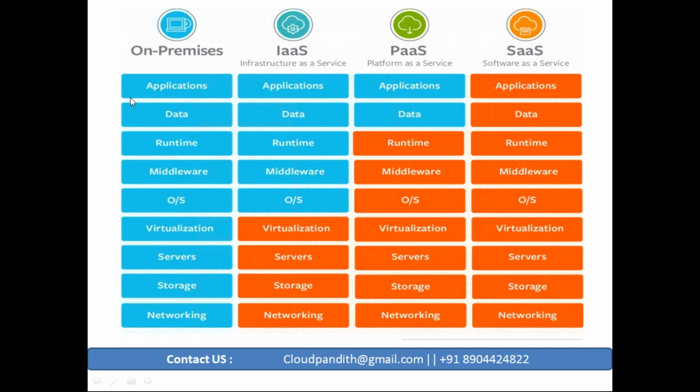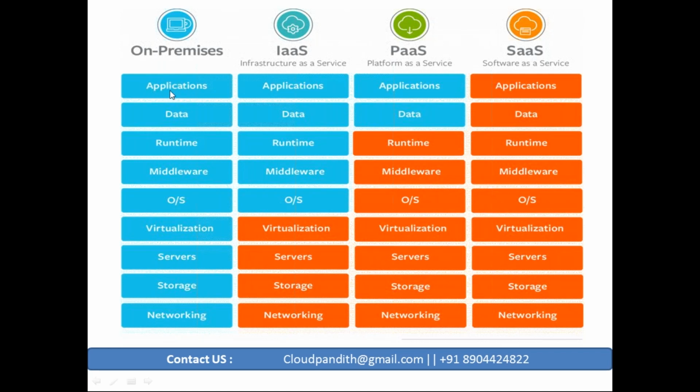If you see here, on-premise, everything you need to maintain: storage, networking, servers, virtualization, operating system, middleware, runtime, data, and the applications hosted on the runtime. Let's say I have developed my Java application and I want to deploy it.